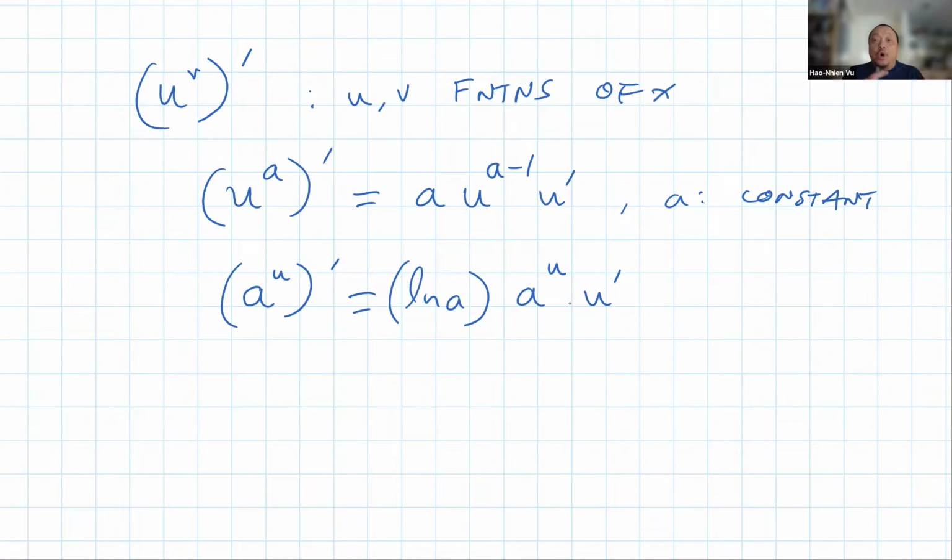So yeah, if only one of the two is a function of x, then you can use one or the other formula. It's only when both u and v are functions of x that you need the logarithmic differentiation. Let's take a look at some examples.